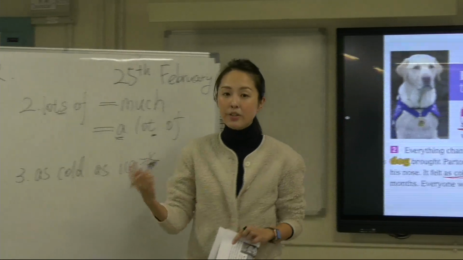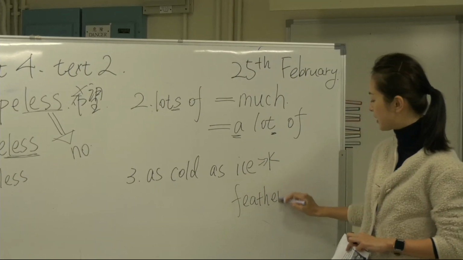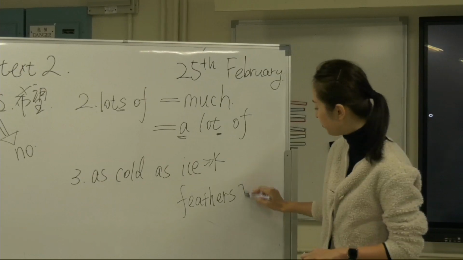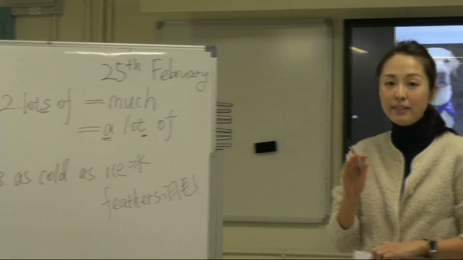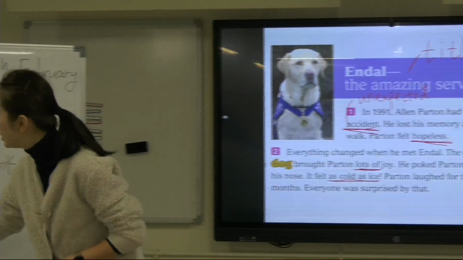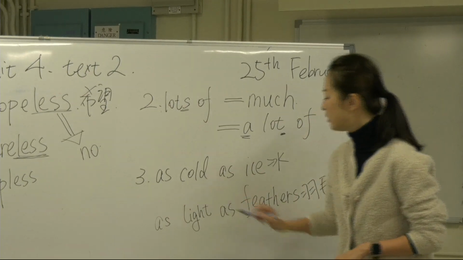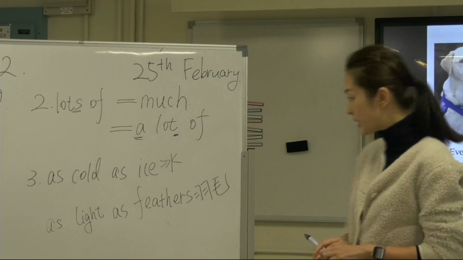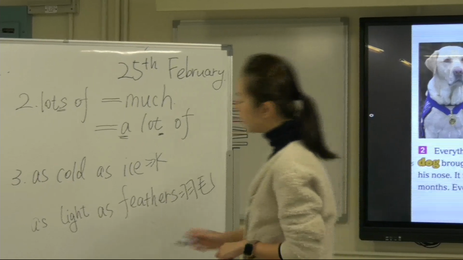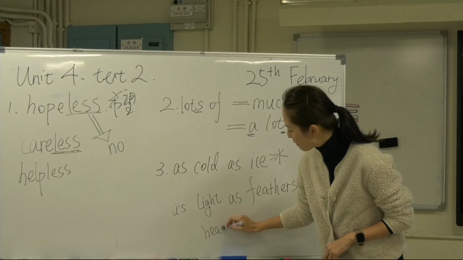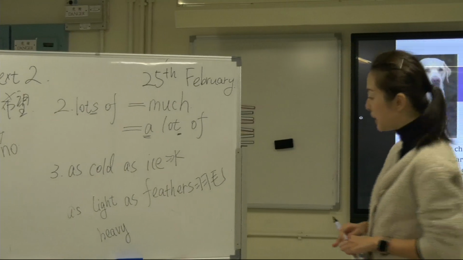So maybe we can have another example. For example, feathers. Do you know what is feathers? Okay, if you want to say something that is very light, we can use as light as feathers. 好似羽毛咁輕啊. And also, if you want to describe something is very heavy, 重 heavy, can you give me an example?